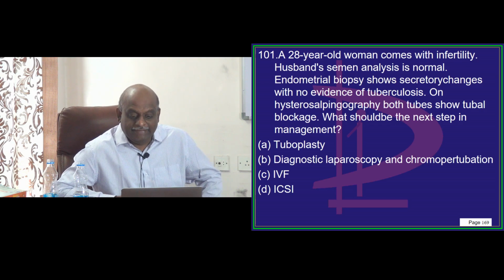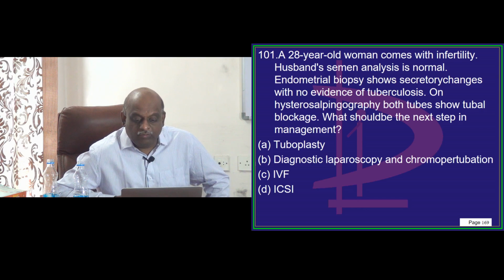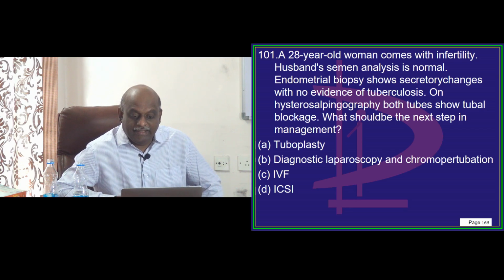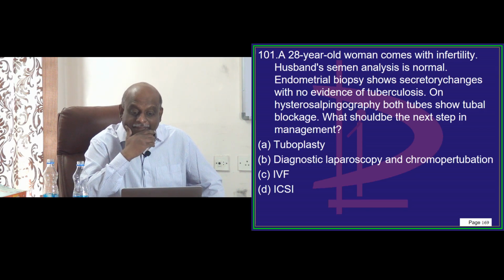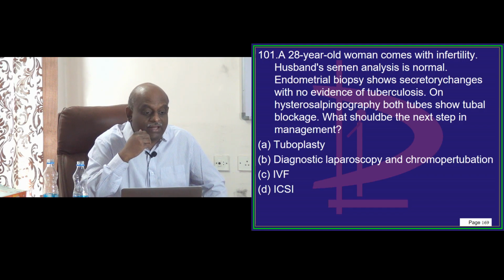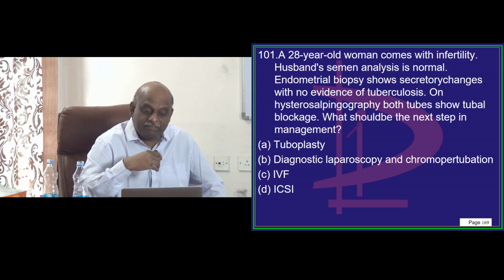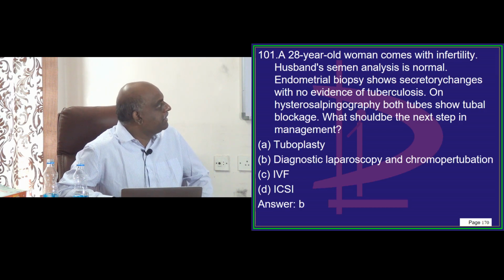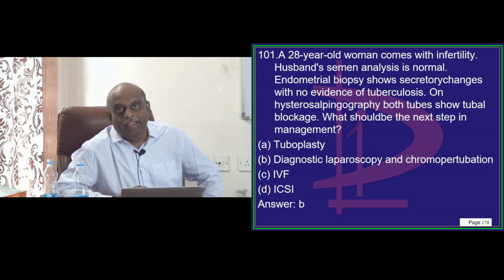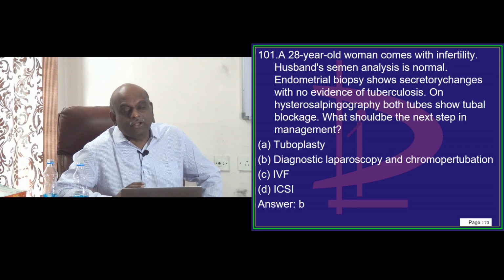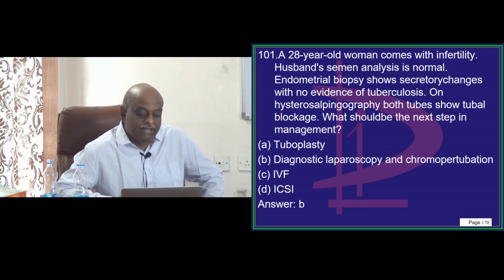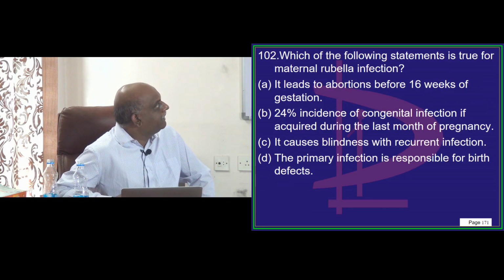Very good, Abhishek. Question number 101. I can see Vishalakshi on B. Most of you, for that matter. Excellent, because diagnostic laparoscopy and chromoperturbation is considered to be the clinical management of choice.